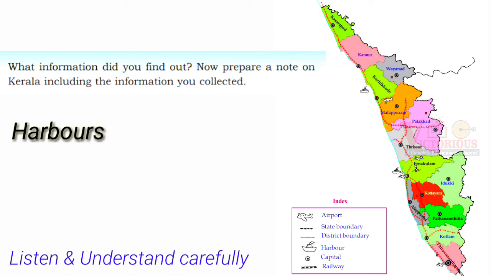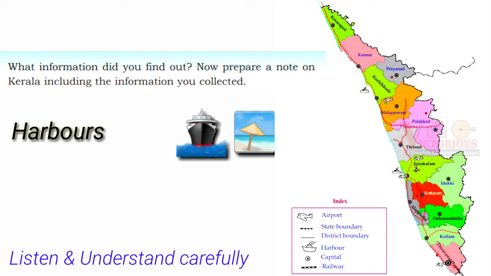So friends, on observing this map, can you say how many harbors are there in Kerala? Harbor, port? So what you have to do is look at the image of a ship, where it is placed.